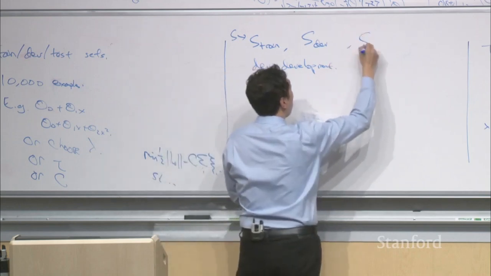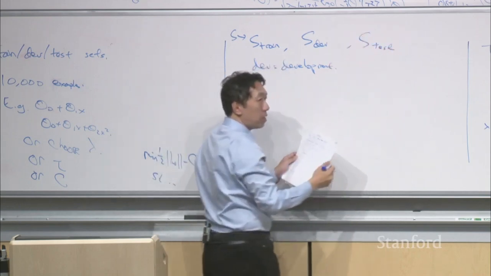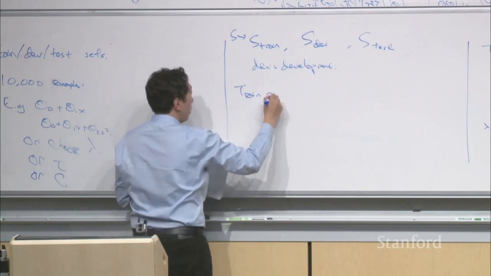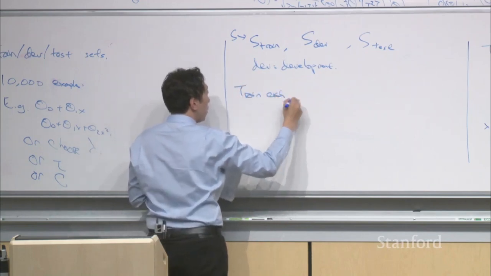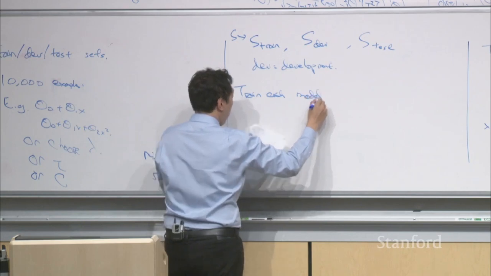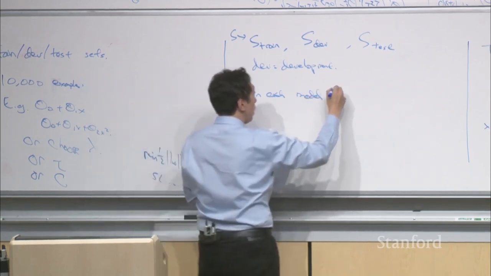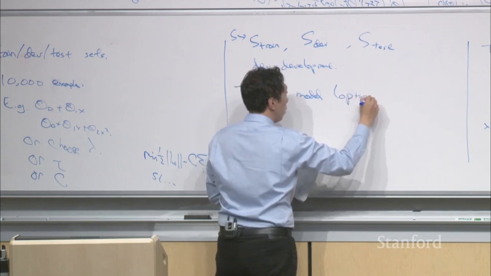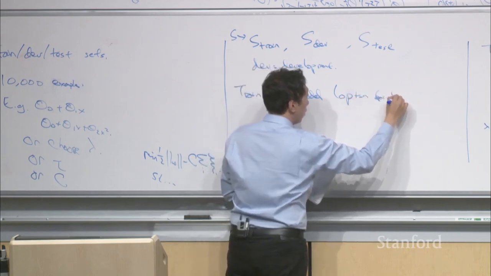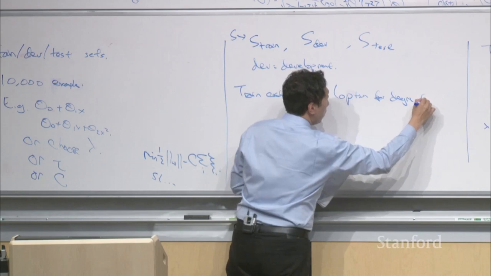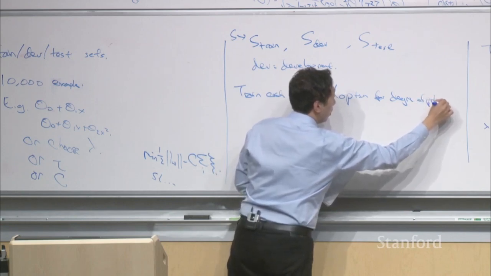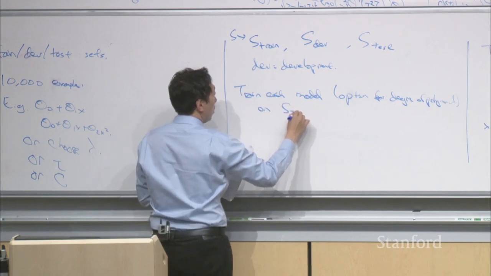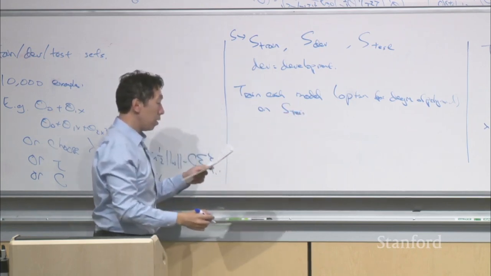And then later we'll talk about a separate test set. And so what you can do is train each model, and by model, I mean option for the degree of polynomial, on S train.